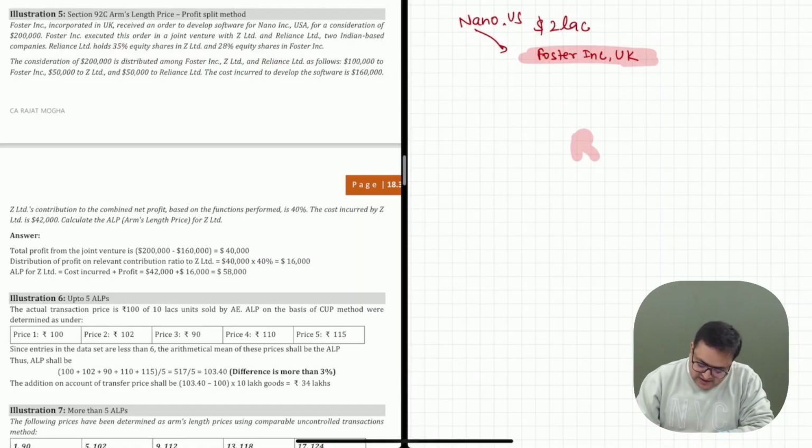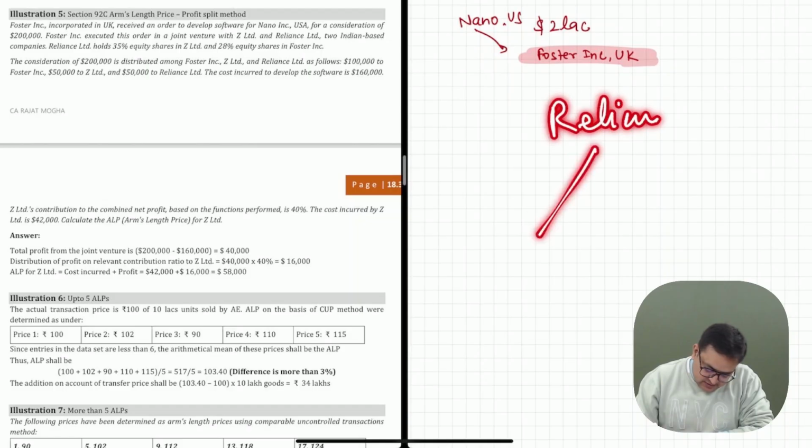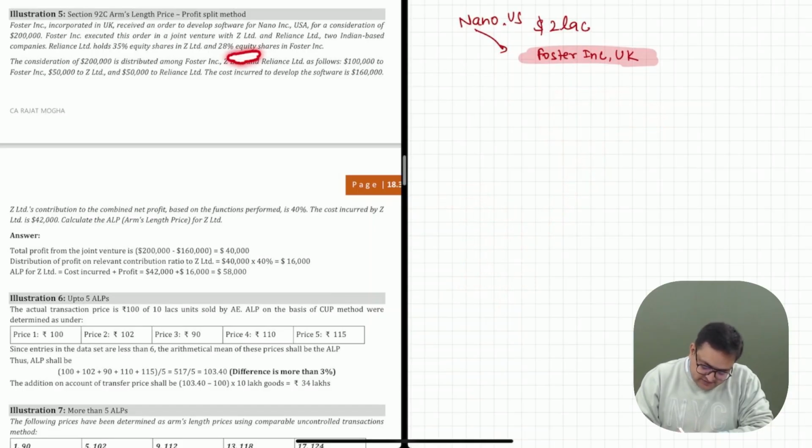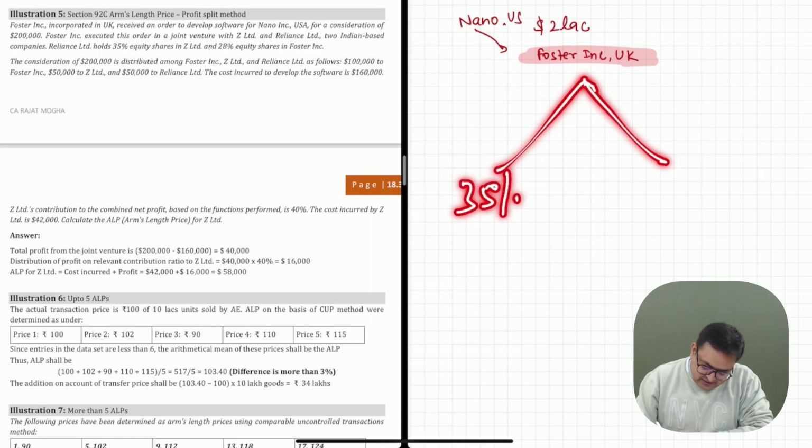So Reliance is holding 35% in Z, and in Foster it is holding 28%.